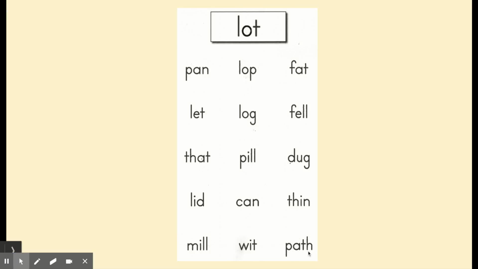Path. Now let's practice reading the words again. Ready?